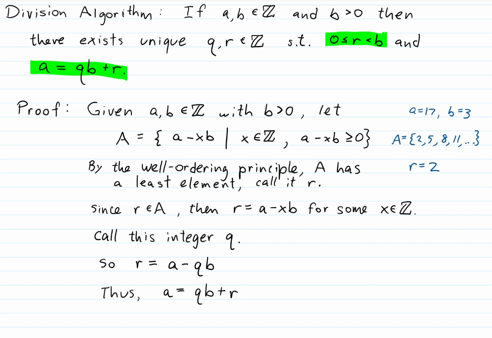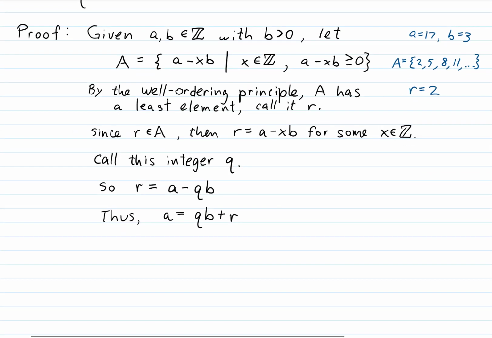Okay? Well, the fact that it's non-negative is easy because everything in A is non-negative, so that part's easy. But the fact that it's less than B takes a few statements. Okay?